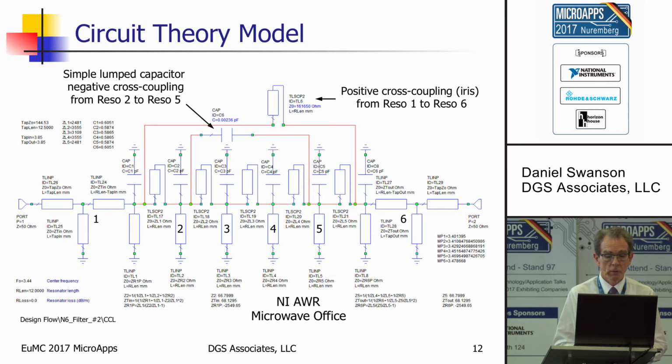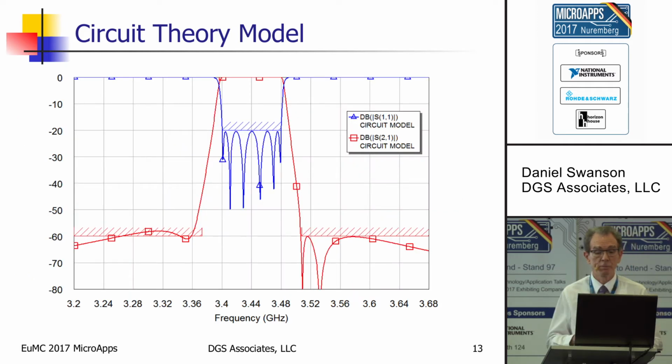So here's the result of that. And you notice that we're meeting our specification here on the high side, but something has gone wrong here on the low side. The zeros aren't distinct like they were in the prototype.